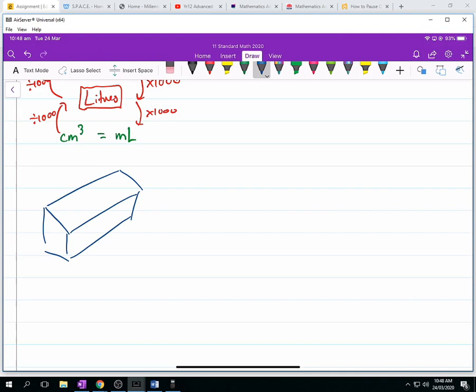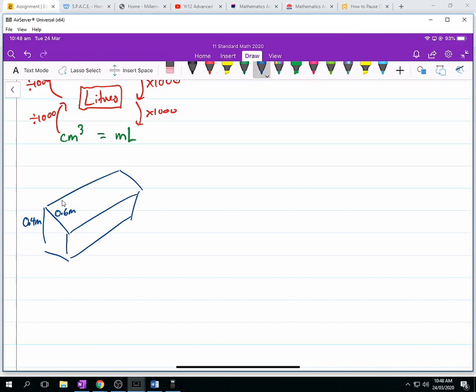I measure the width of that bath and say it's 60 centimeters wide, or 0.6 meters wide. I then have a height. Maybe I'll fill the water not the entire height of the bath, but say 40 centimeters high, 0.4 meters high.